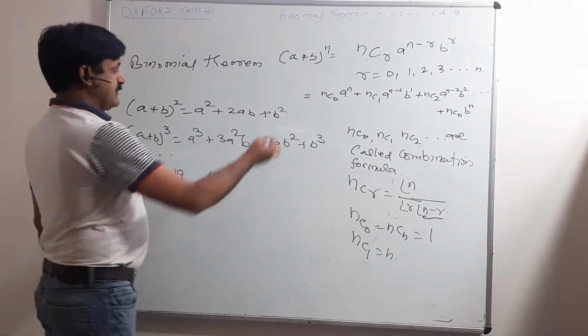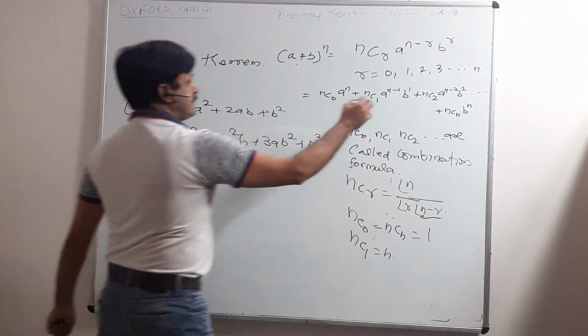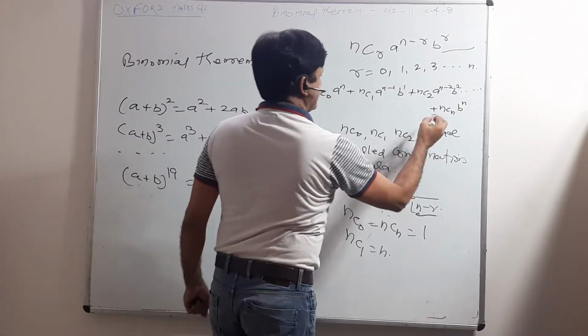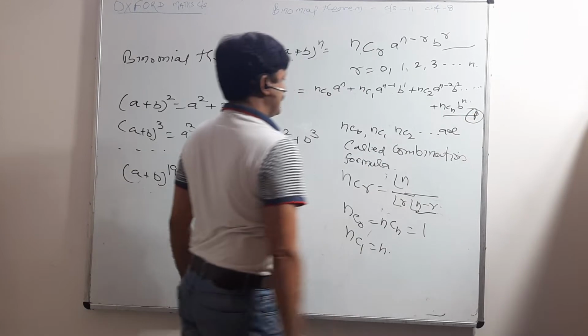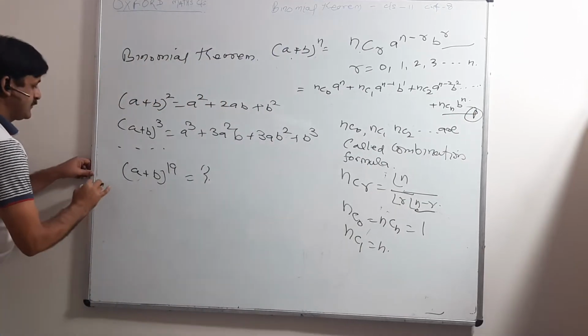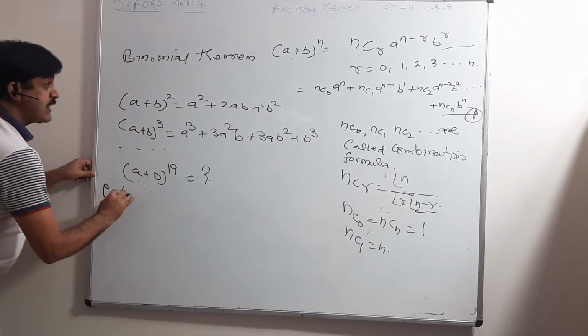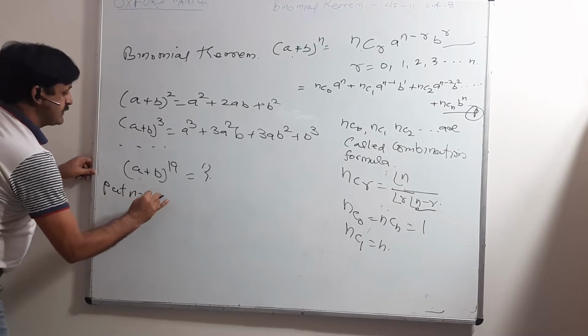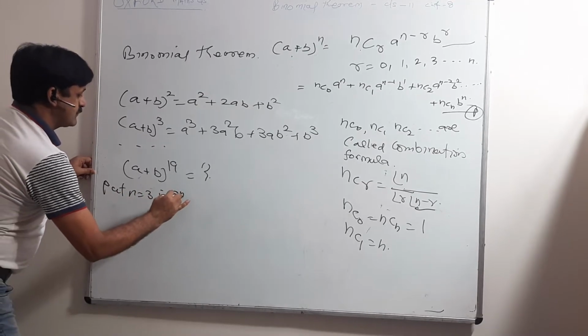For example, put n is equal to 3 in equation number 1.